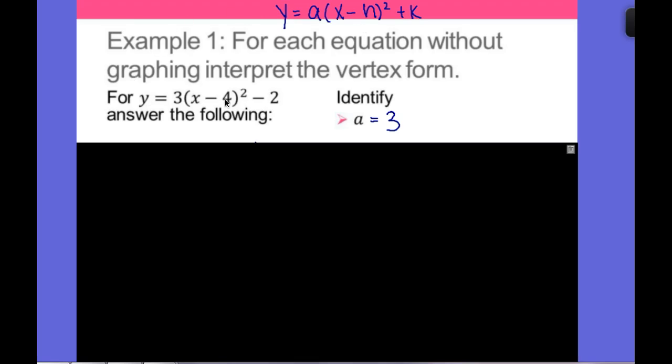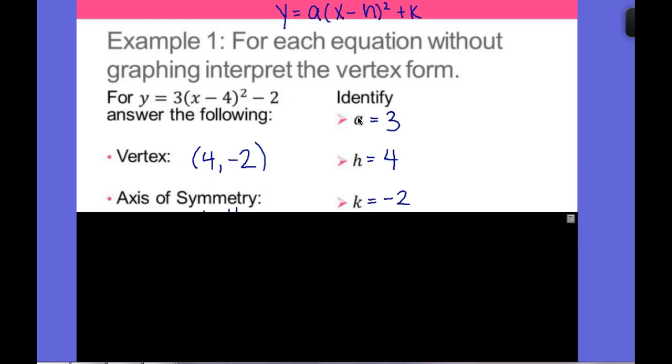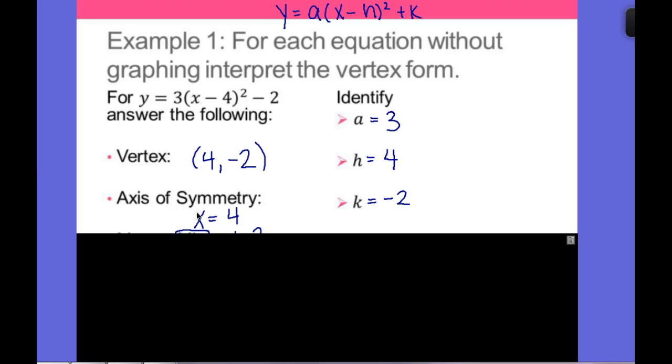Therefore, my h is 4. My k value is negative 2. So a is 3, h is 4, k is negative 2. My vertex is (h, k), so in this case, (4, negative 2). The axis of symmetry is x equals 4.